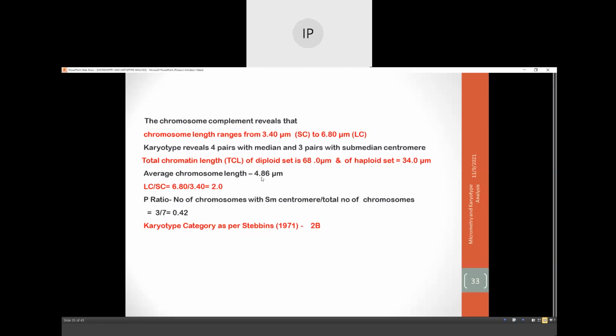Average chromosome length is 4.86 micrometer. The longest to shortest chromosome ratio is 2.0, and the P ratio, the number of chromosomes with submetacentric centromere divided by the total number of chromosomes, is 3 by 7, that is 0.42. According to this, the karyotype category as per Stebbins becomes 2B.